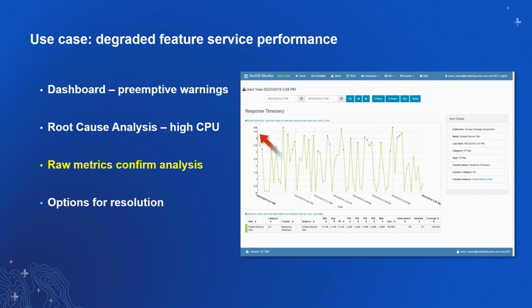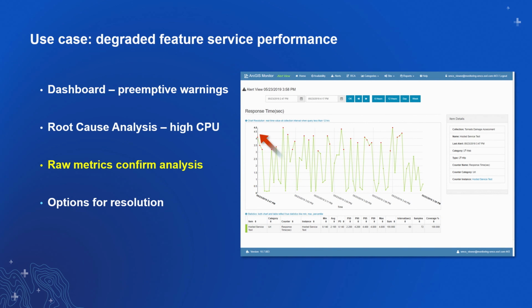Very quickly, we can look at the response time for this particular service, and we can see that yes, indeed, the CPU is high, and indeed the response time is high too. So this is degraded performance related to high CPU utilization on the machine. The degraded response time is a culprit, as we saw back in the root cause analysis.